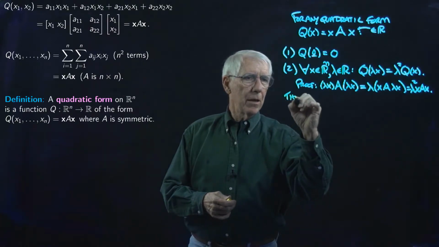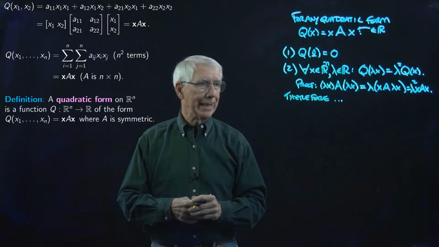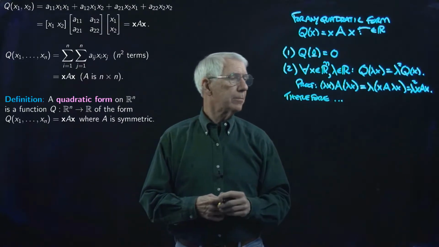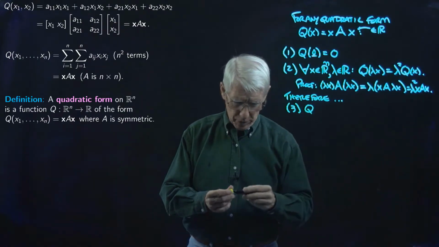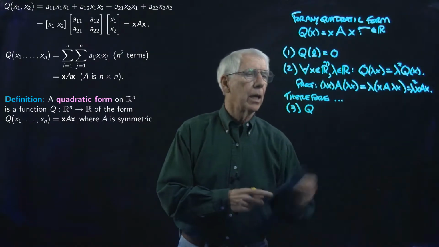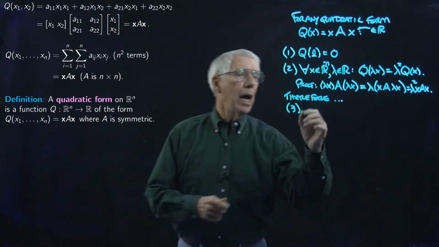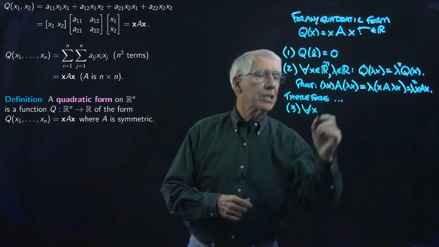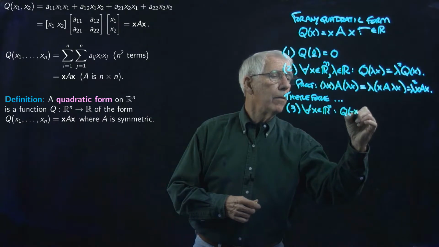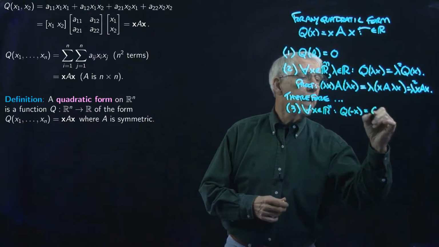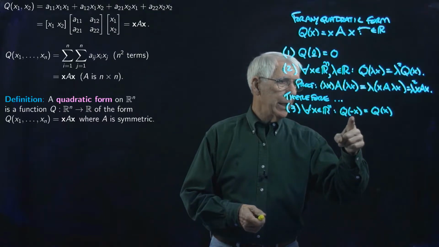So it follows from the second property that one thing that follows, of course, is that for all x in Rn, Q of the negative of x is the same as Q of x, because the negative of x is minus 1 times x.